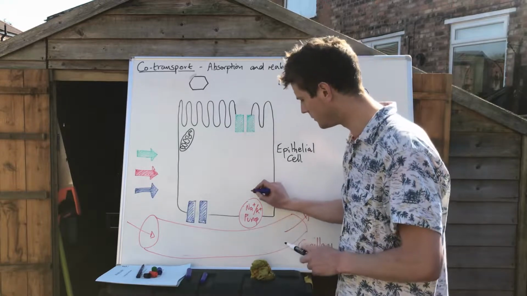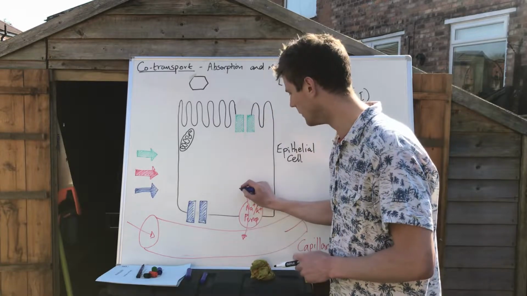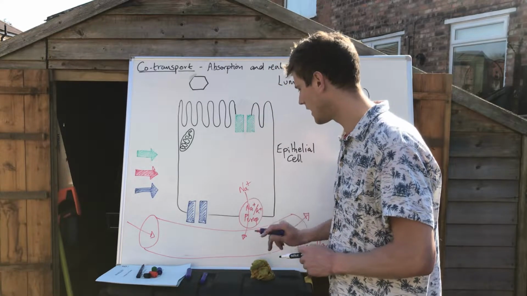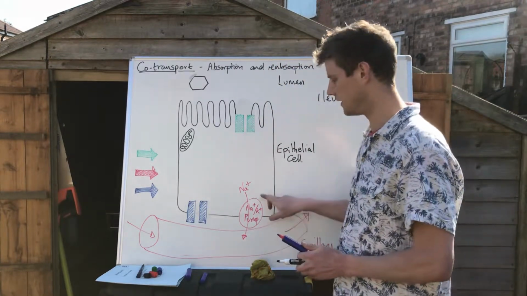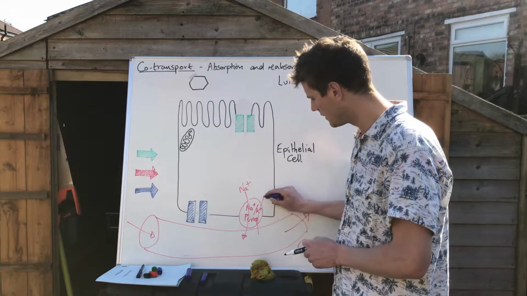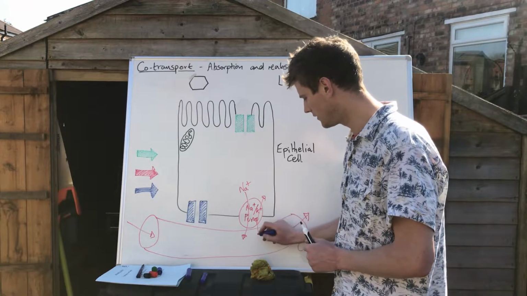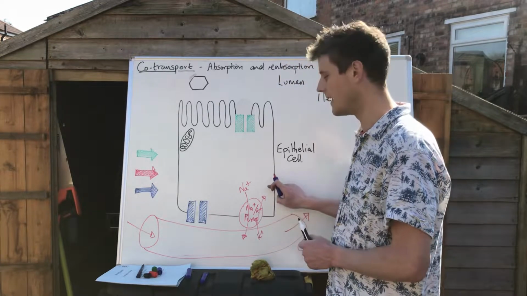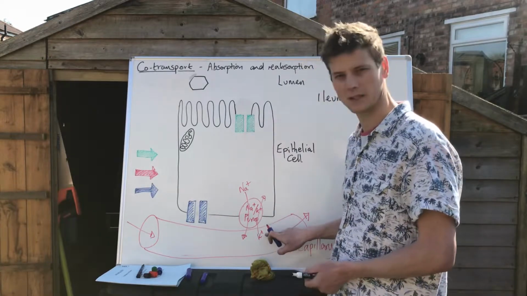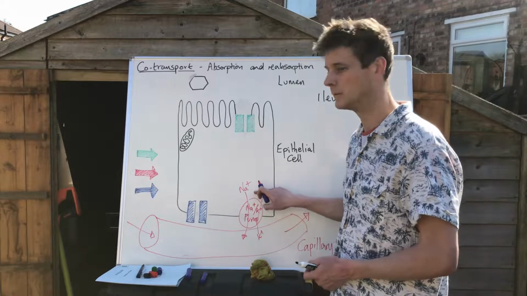actively transports sodium ions out of the epithelial cell. At the same time, it actively transports potassium ions in. Now we're not really worried about the potassium ions, it's the sodium ions that we are really interested in.